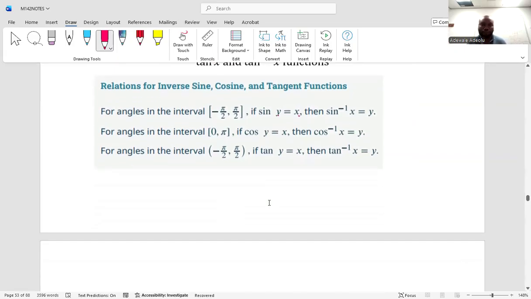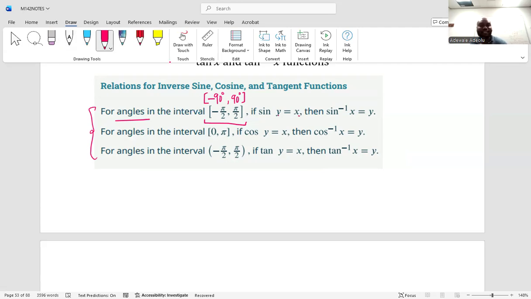Now, bringing all this together, what I've been talking about. So we have, for angles in the interval negative pi over 2 to pi over 2, listen, folks, that is negative 90 degrees to positive 90 degrees, right?